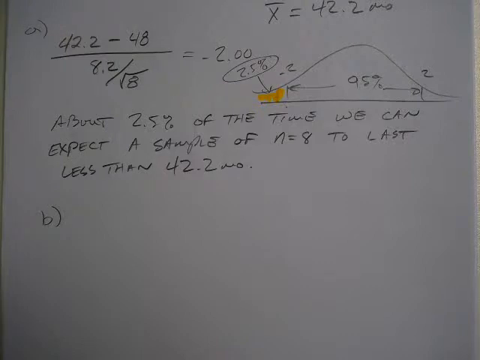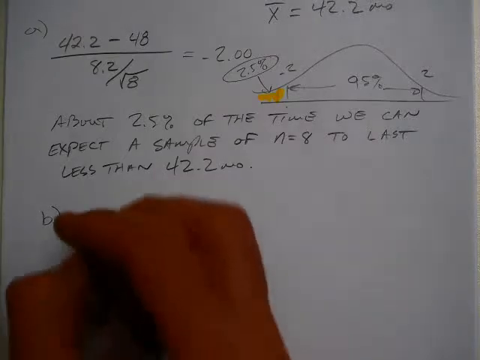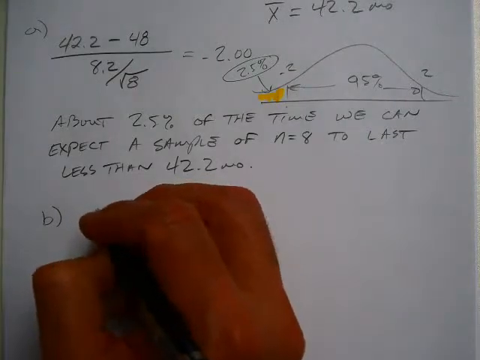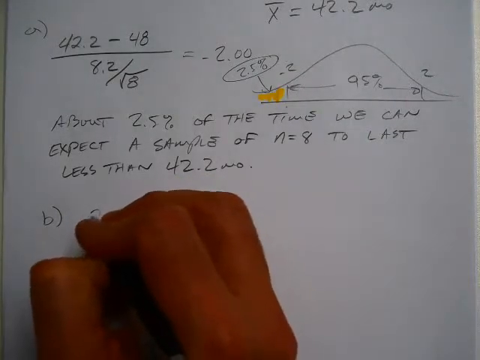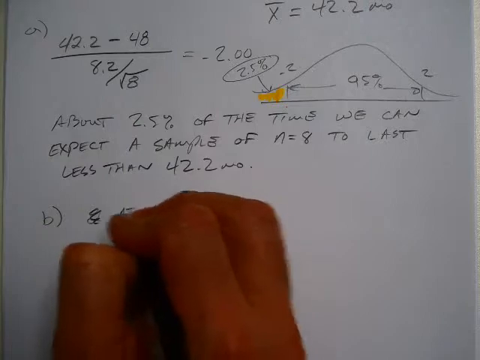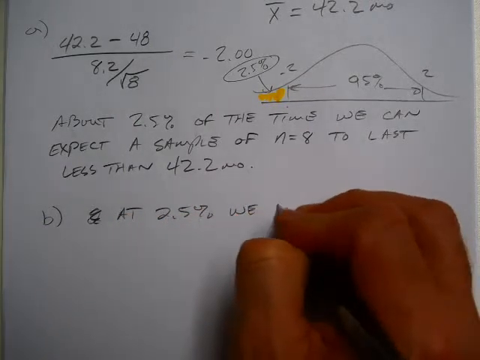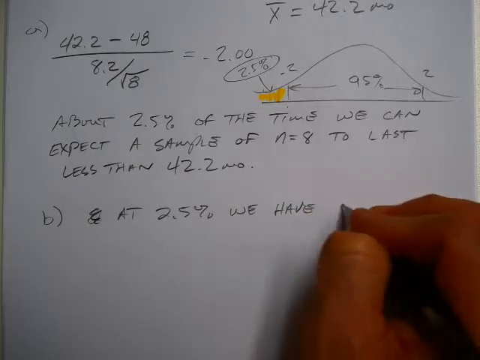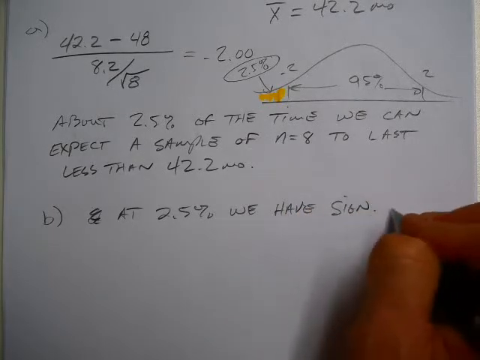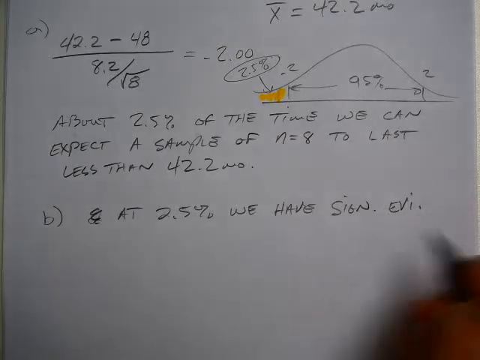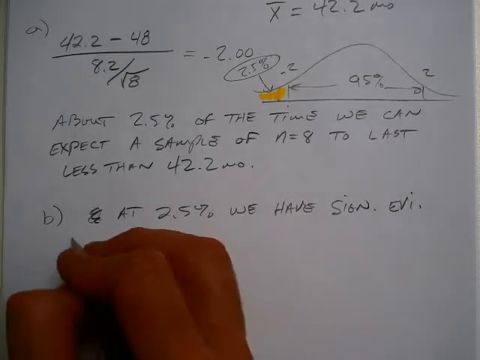Remember what I said? If you're within the top 5% or the bottom 5%, you have significant evidence, right? And we're definitely in that bottom 5%. So yes, I'm going to say at 2.5%, we have significant evidence. I'm going to say refute.